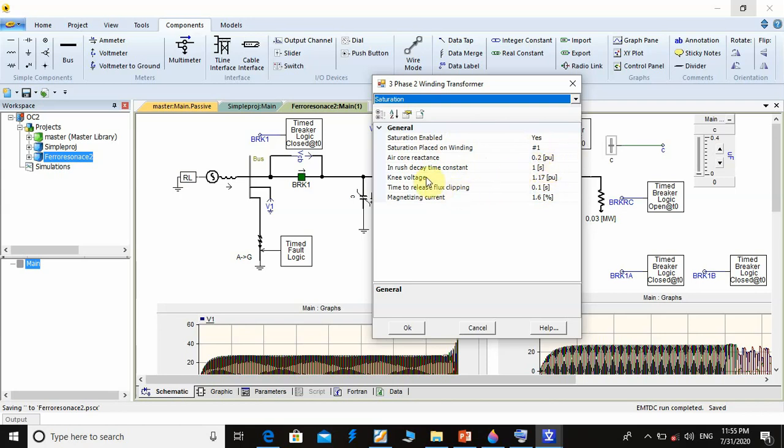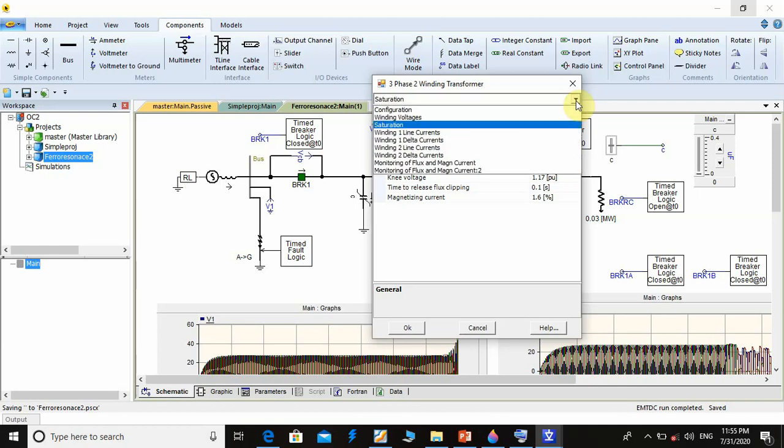Important data is the knee point voltage, that means at this voltage, 1.17 per unit, the transformer gets saturated according to its magnetic core construction and area. And magnetizing current is about 1.6% of rated current, and inrush decay time is 1 second. It should be less than 1 second. This is the important data in the saturation window.